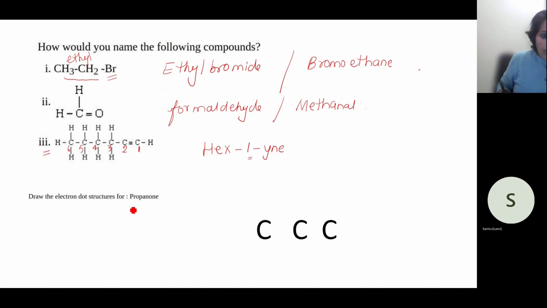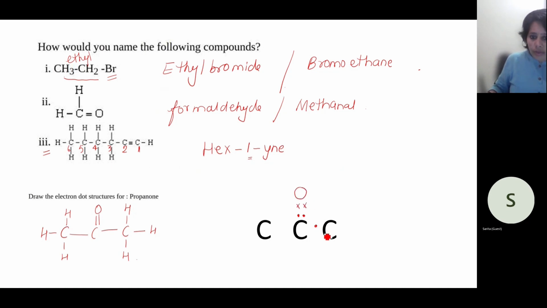Draw the electron dot structure for propanone. First you write the structural formula for propanone: CH3, in the middle carbon we have a ketone group, then again CH3. This is propanone. Now write the dots for carbon electrons. This is the electron of oxygen.